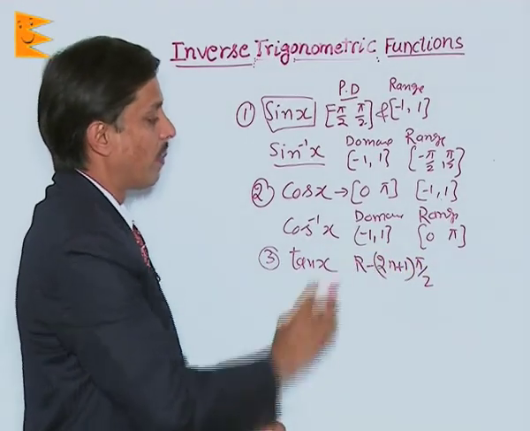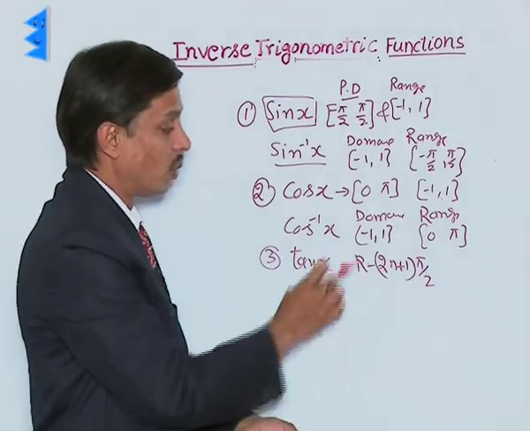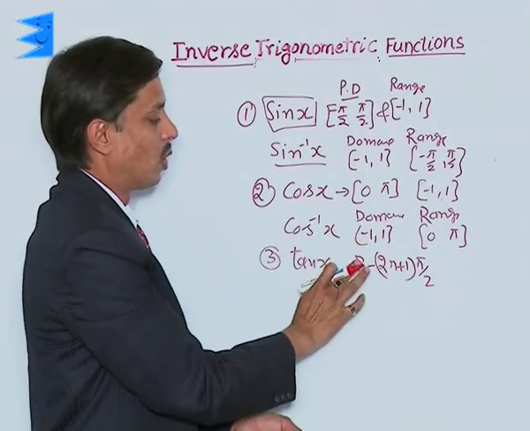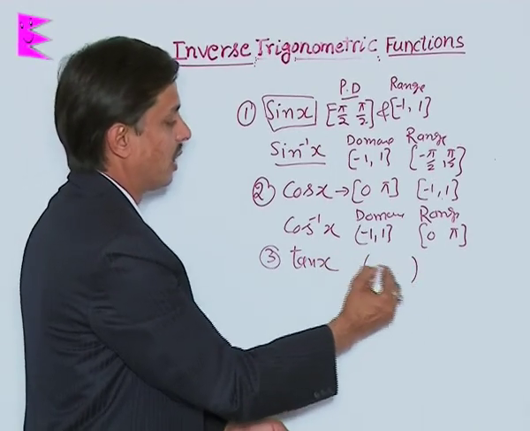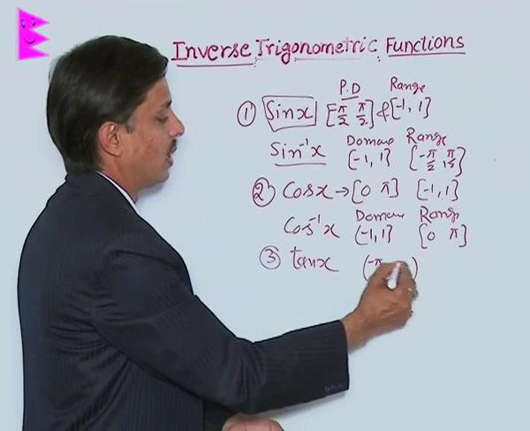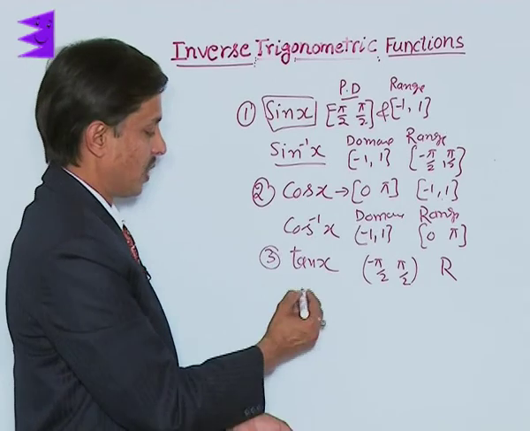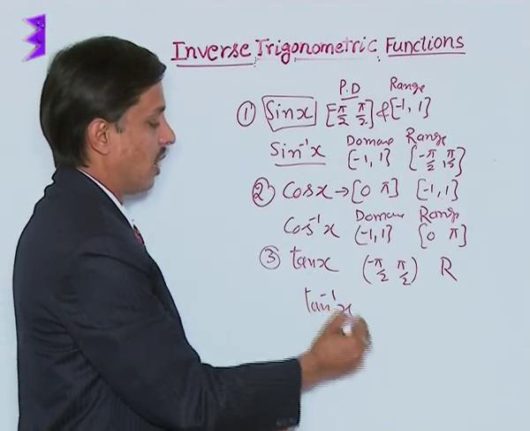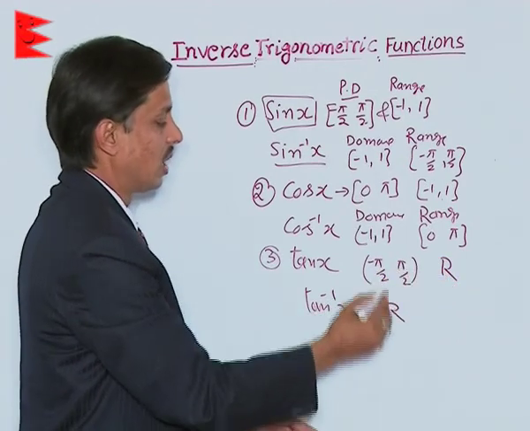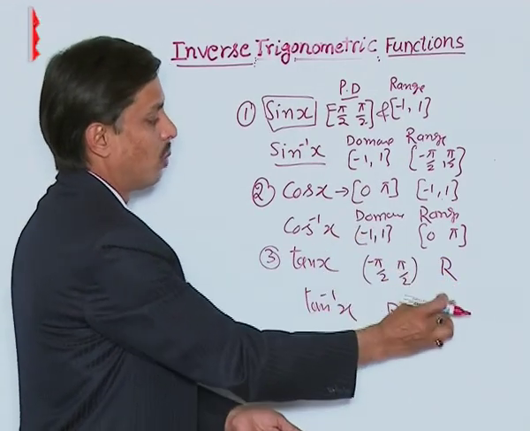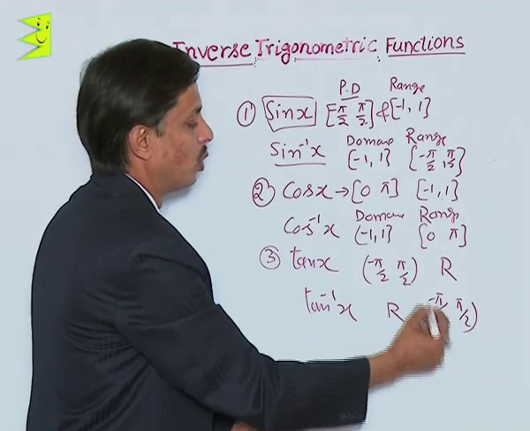But the principal domain of tan x is the open interval minus pi by 2 to pi by 2, and the range is any real number. So in the case of tan inverse x, its domain is any real number, and the principal domain becomes the range, minus pi by 2 to pi by 2.